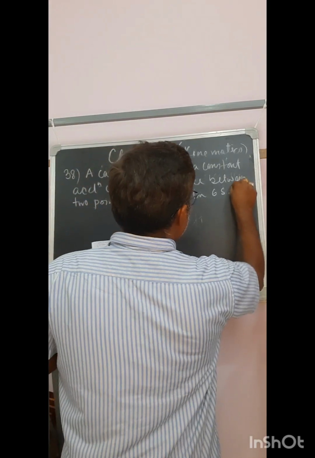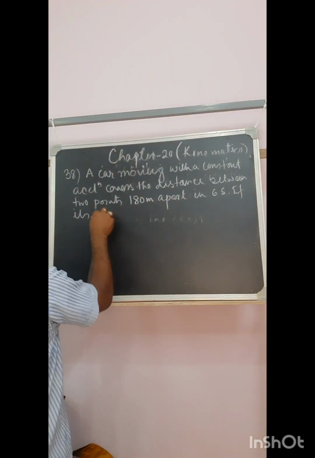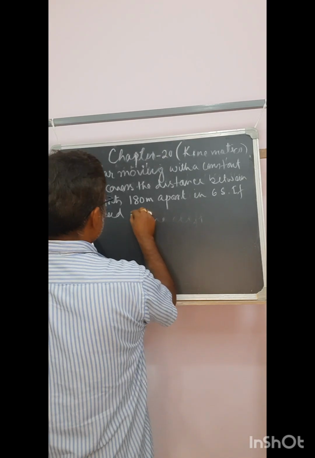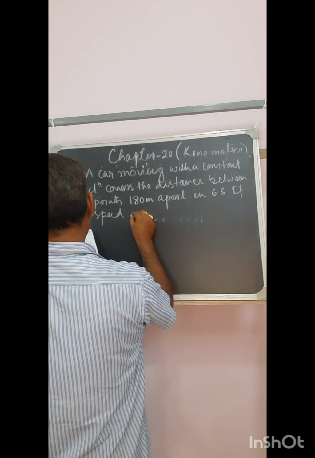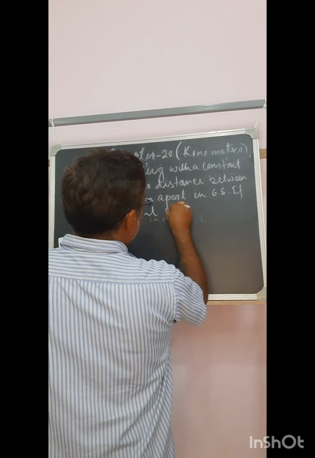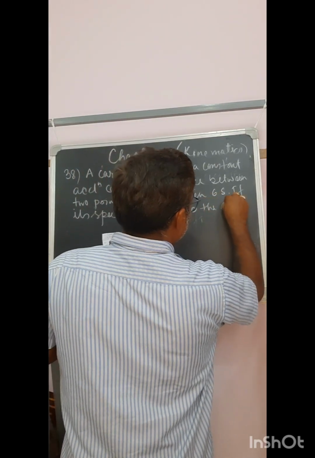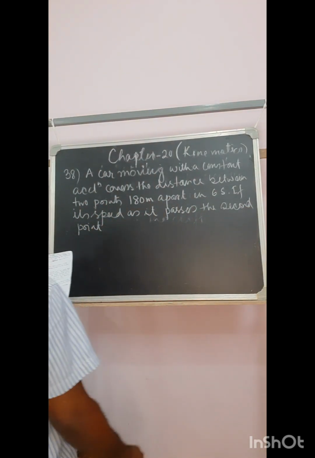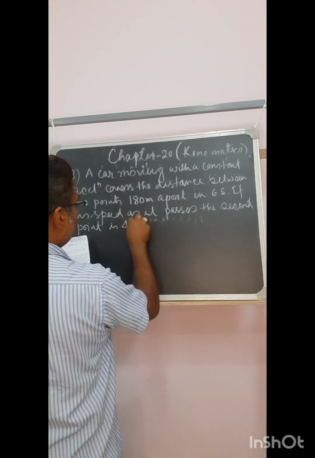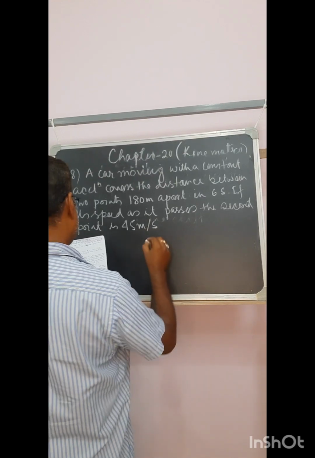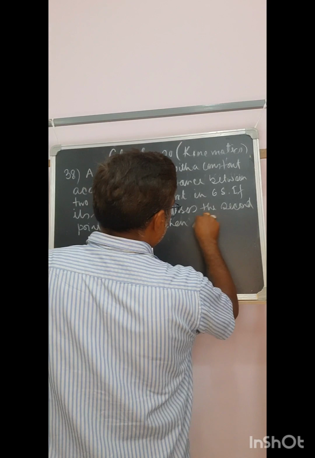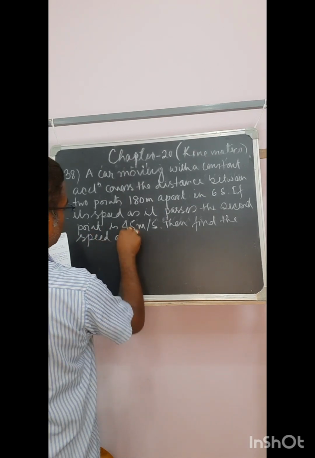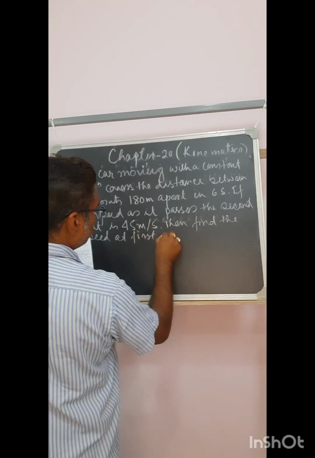If its speed as it passes the second point is 45 meter per second, then find the speed at the first point.